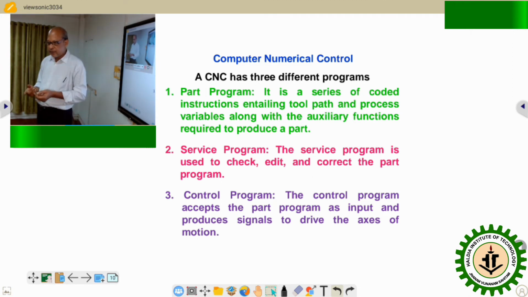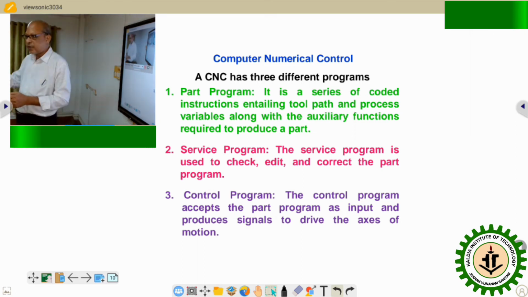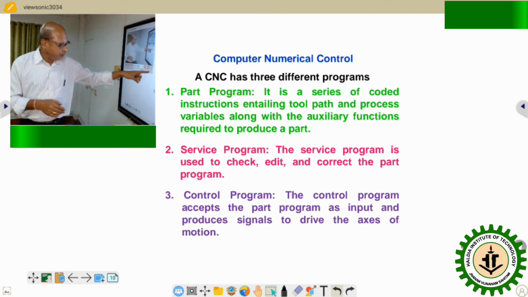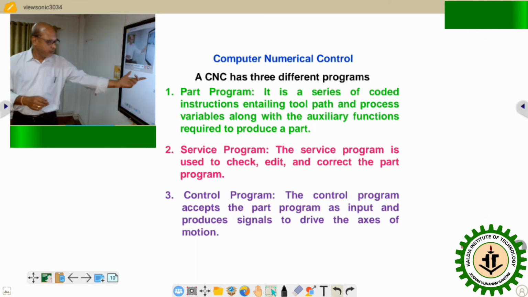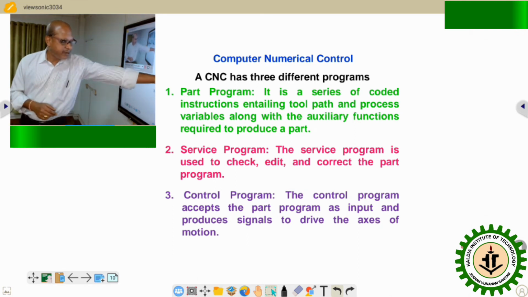Instead of writing X40 Z minus 50, you have written X40 X minus 50. So the address code X comes twice in one block. That is your error, so the service program will guide you that there is some syntax error in your program. That is its role: to check, edit and correct the part program.